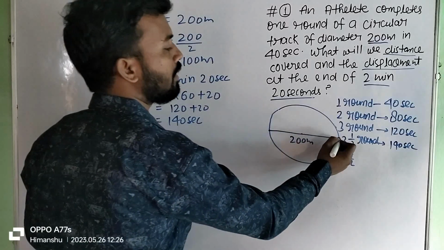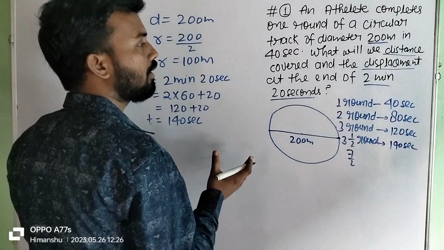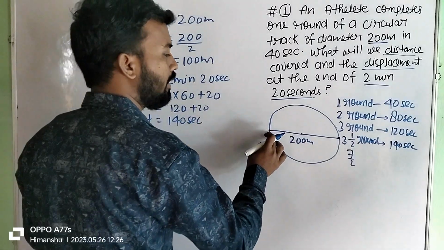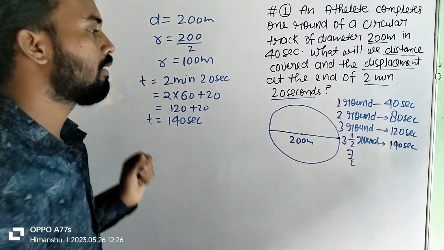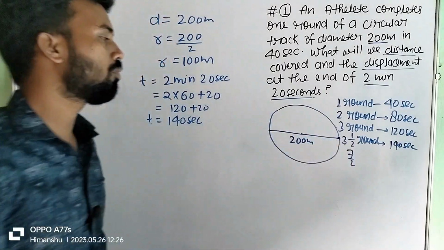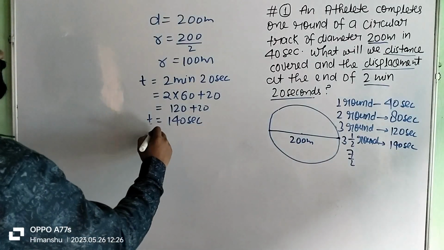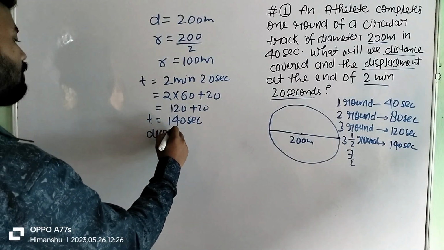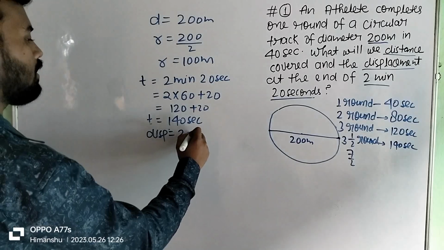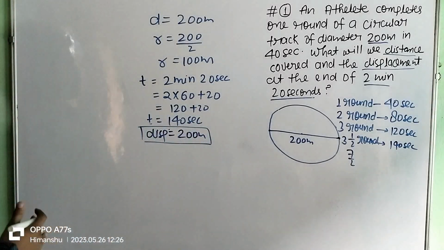So our initial point is this one and the final point is that one. We have been asked to calculate the displacement between these 2 points, and the shortest path between these 2 points is along the diameter. So we can say that the displacement of the person is 200 meter, which is equal to the diameter of the given circular track.